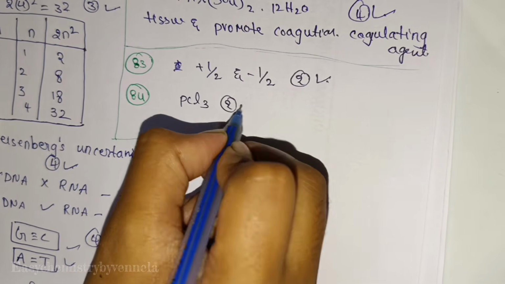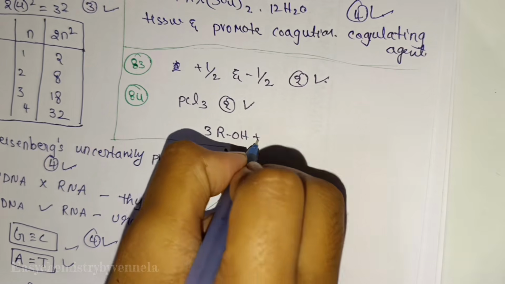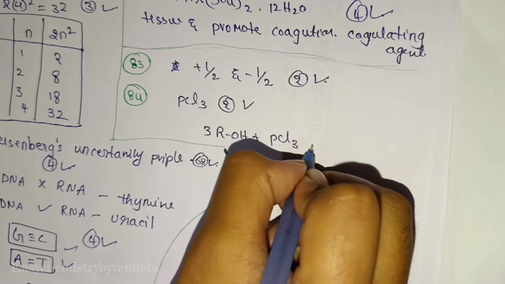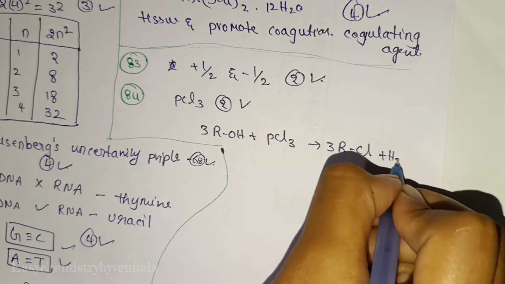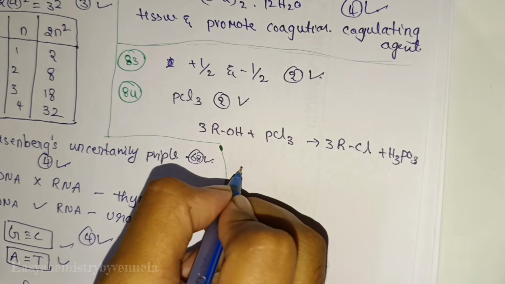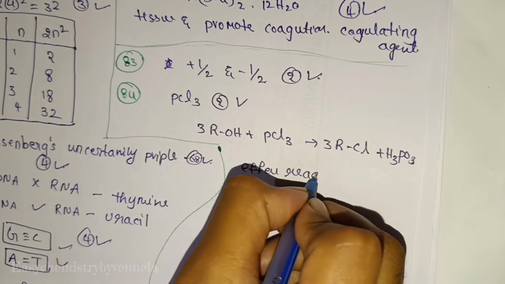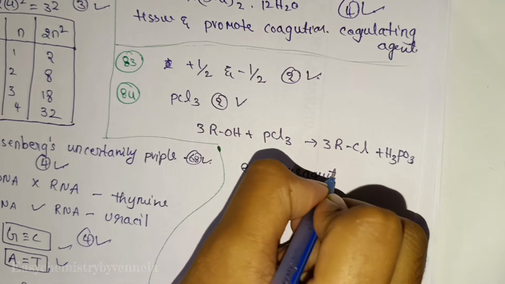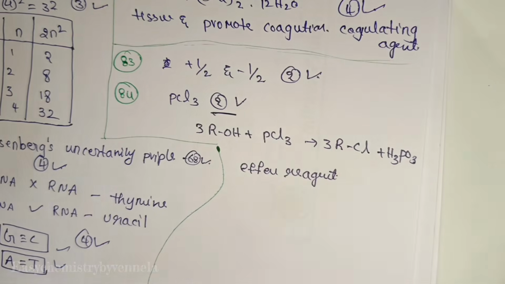The second one is the correct option. How? ROH reacts with PCl3. It forms H3PO3. PCl3 is an effective reagent for converting alcohol into an alkyl chloride. The second one is the correct one.